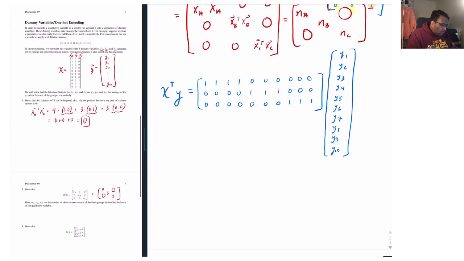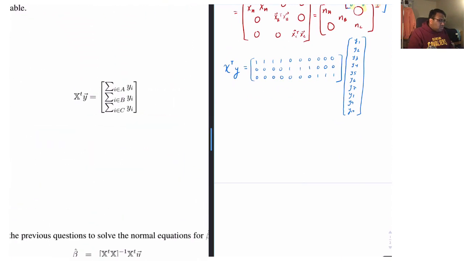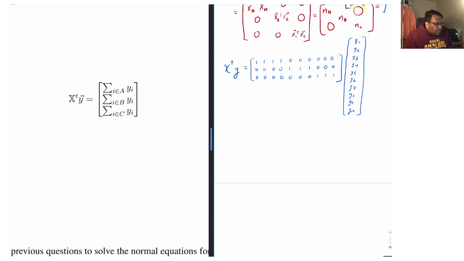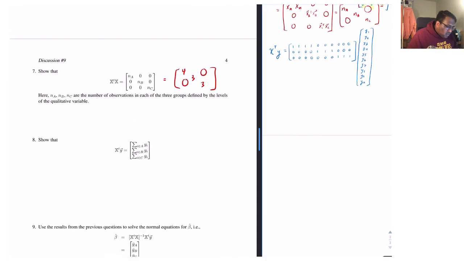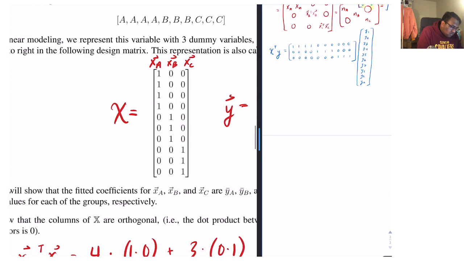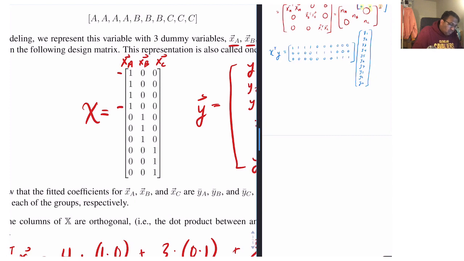In problem 8 now, very related, what we want to do is show that X transpose Y is equal to a vector with 3 elements, the first element being the sum of the Y values for the observations that belong to class A, the second element being the sum of the Y values belonging to class B, and lastly, the sum of the Y values of the elements belonging to class C. So if we quickly switch back over here, essentially what this is asking us to show is that the first element in X transpose Y is equal to the sum of Y1 through Y4.